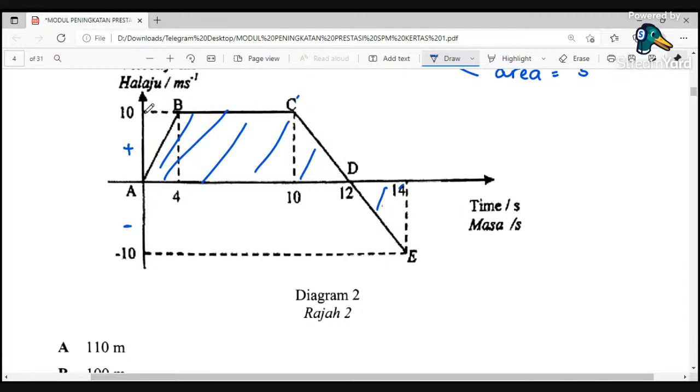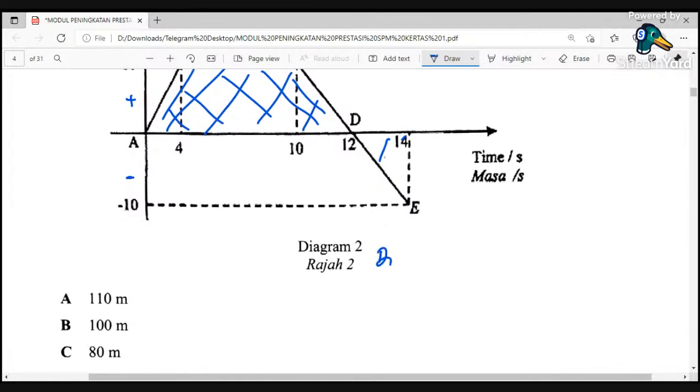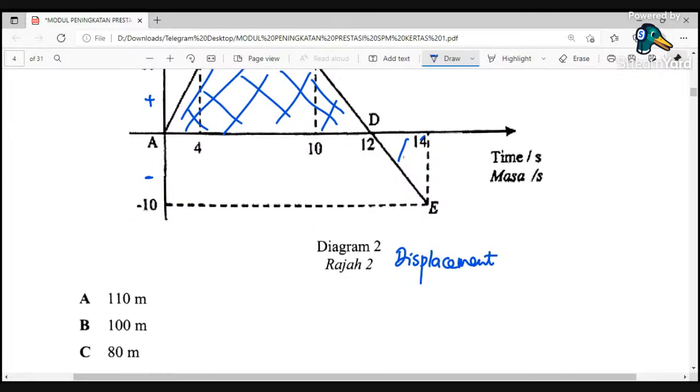Okay, so what is area for the positive direction? Maksudnya you kena cari area sini lah. Okay, apa area sini? Okay, trapeze formula. So the area under the graph, displacement, I just can put as S. Okay, S. S equals to half for the trapeze part.